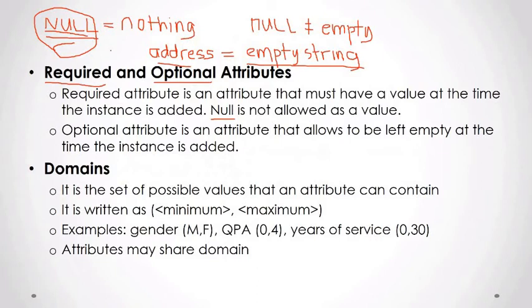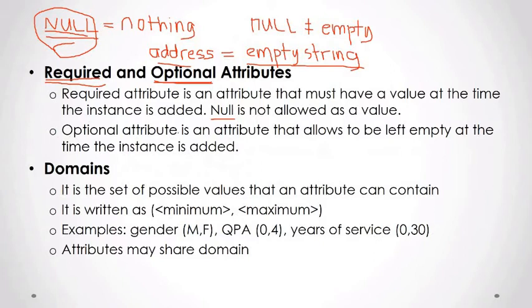So if you did not put any value at all, then the value is null. Okay? Again, if there was a value, you delete it, it's not null. It's simply empty. Okay? So let's go back to the difference between required and optional.